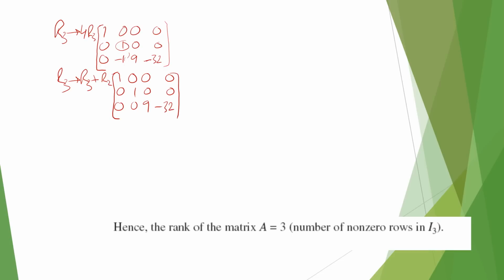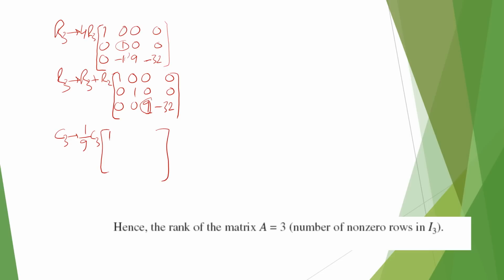Now search the non-zero element of the third row, that is 9. Make that element the leading element, so make it 1. By the help of that one, there is no entry below, but on the right-hand side, that is minus 32, make that 0. So we apply the operation on C3, 1 by 9 C3.